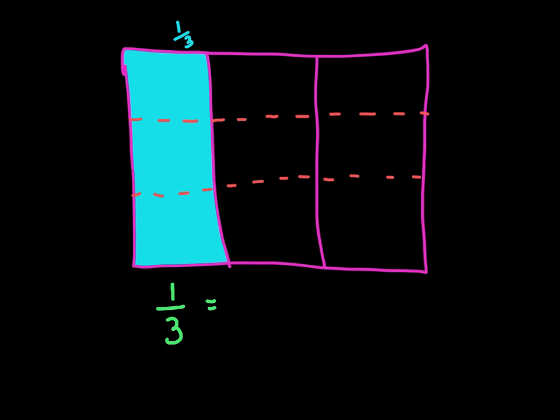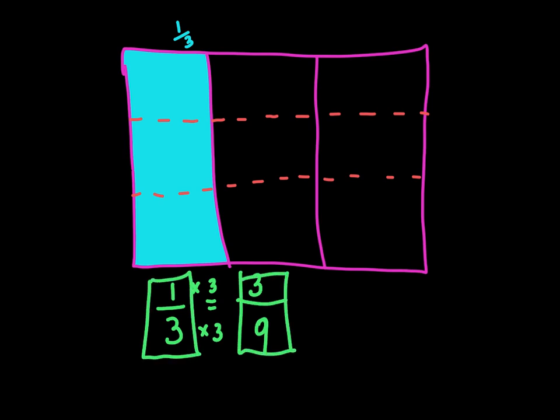It's cut up into ninths. Okay, but then how many are shaded in? 3. Since we made 3 groups of this, we're going to be multiplying by 3, top and the bottom by 3. Whatever we do to the top, we got to do to the bottom. Whatever we do to the bottom, we got to do the top.